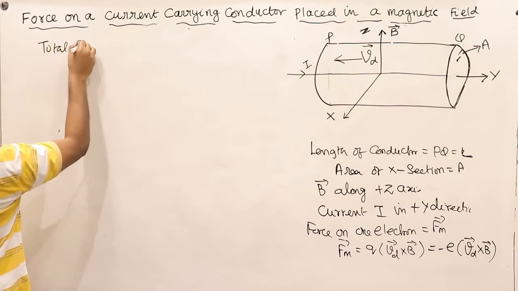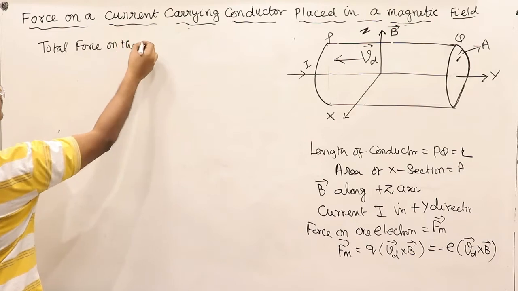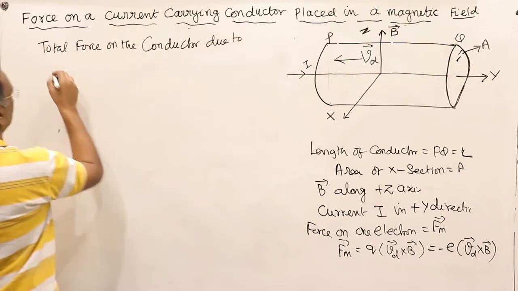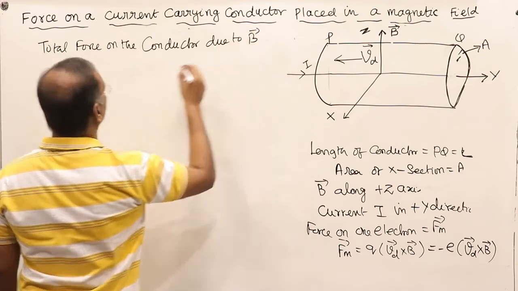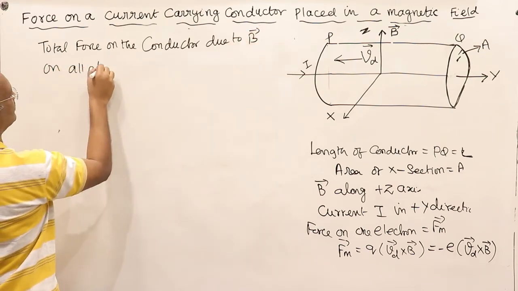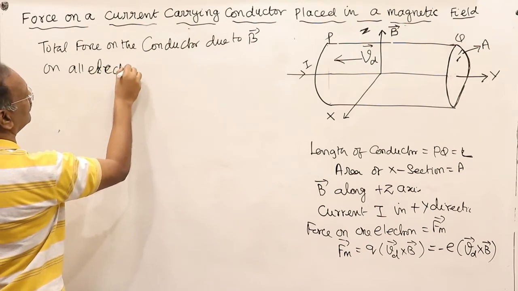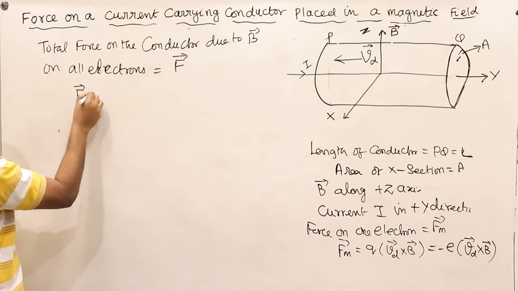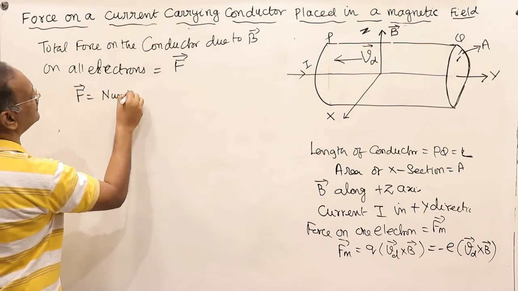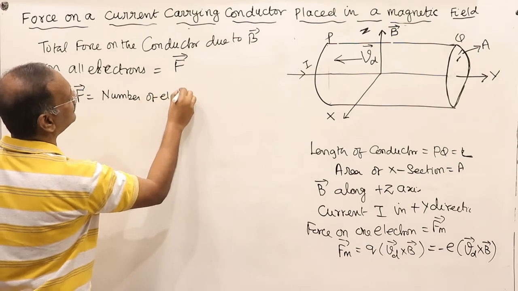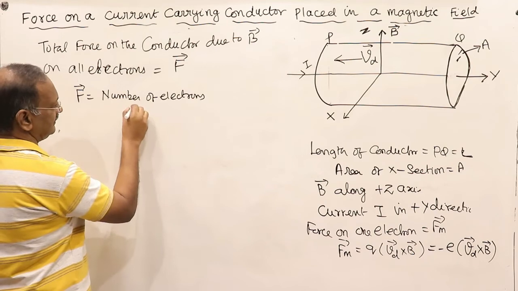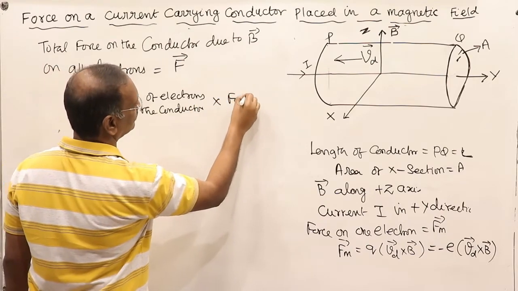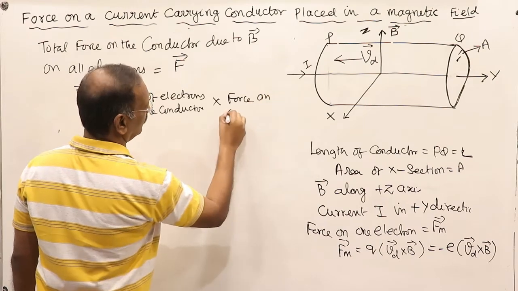Total force on the conductor due to magnetic field B on all electrons present in the conductor is equal to F, the number of electrons in the conductor multiplied by the force on one electron.